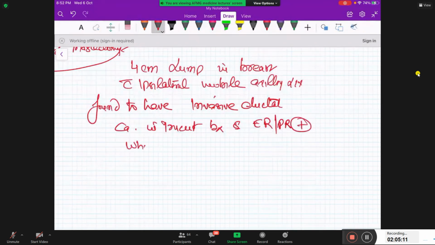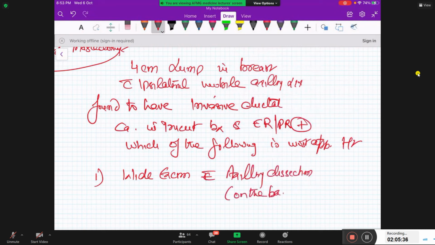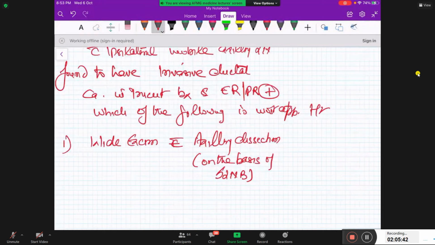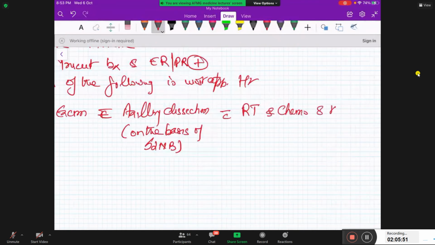Which of the following is the most appropriate treatment? Choices are: first, wide excision with axillary dissection on the basis of sentinel lymph node biopsy, with radiotherapy and chemo and hormone therapy.